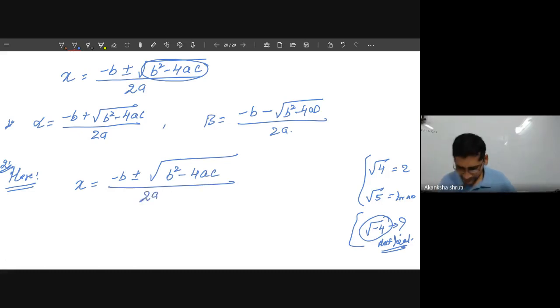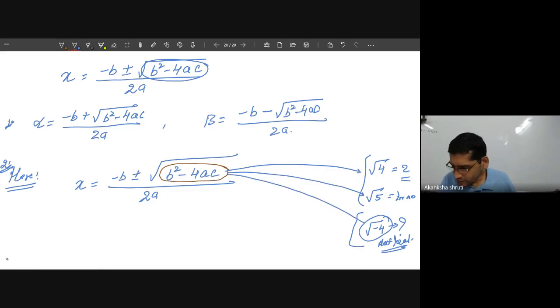Student, it is this term, what is inside this root, marked by red. It is possible that during calculation we get a perfect square. Maybe we get something like this, or maybe it gives some negative value.